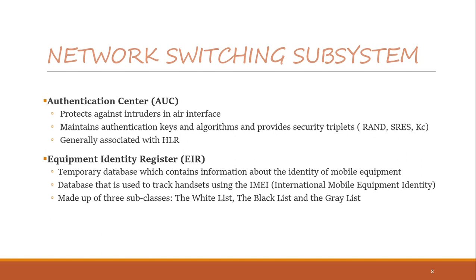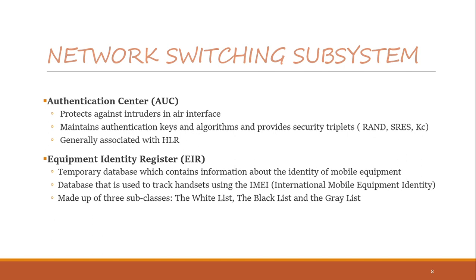The last part is the Equipment Identity Register or the EIR. It is also a database that contains information about the identity of mobile equipment that prevents calls from stolen, unauthorized, or defective mobile stations. The AUC and EIR are implemented as standalone nodes or as combined nodes.